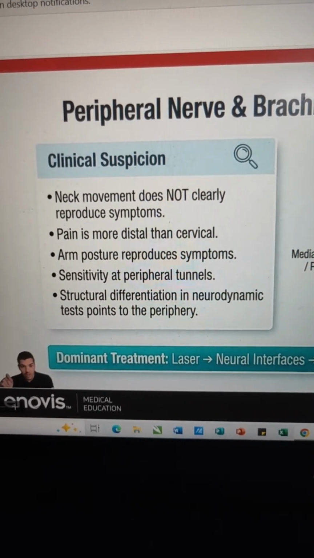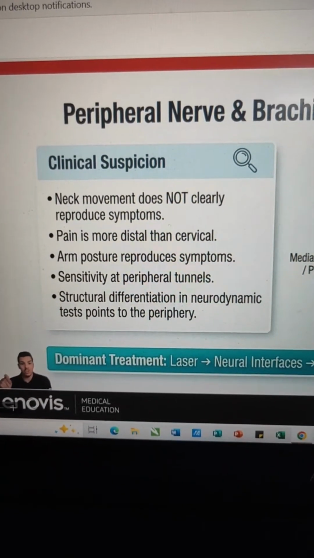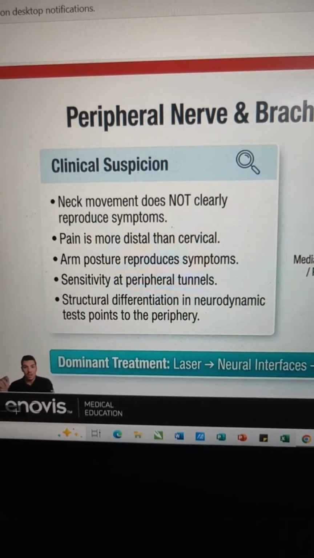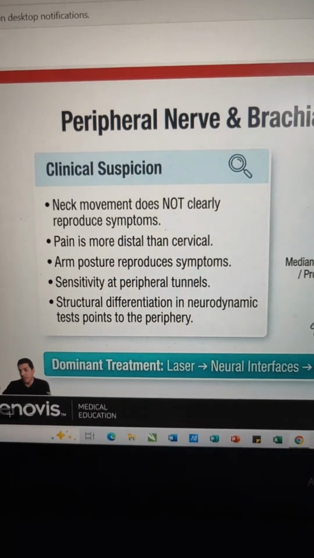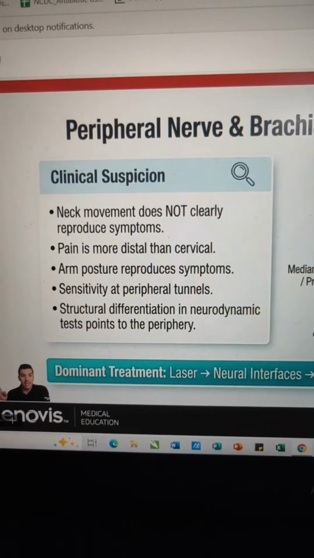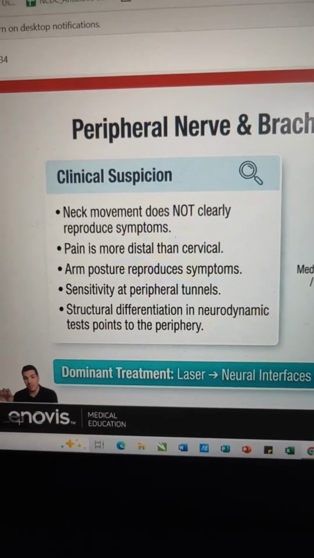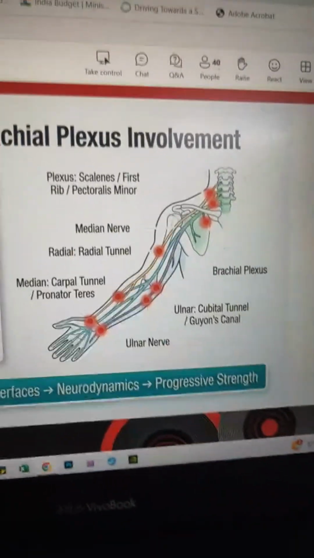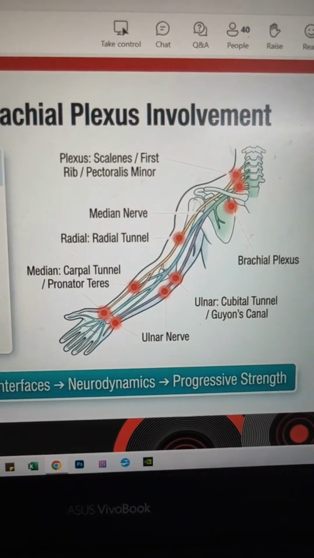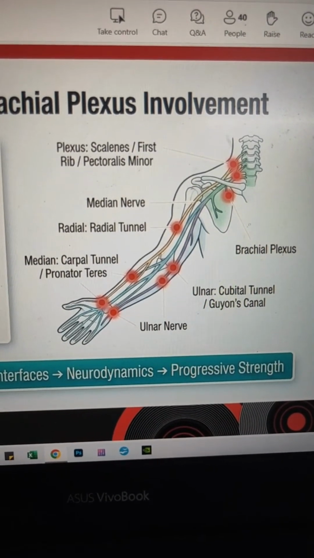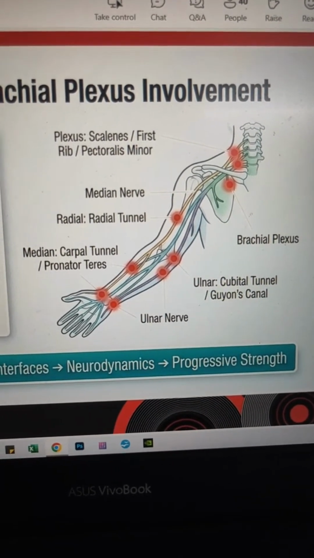It can also guide us if certain arm positions increase the symptoms more clearly than cervical movements do. This already points us towards a more peripheral level. During the examination, what we will look for here is precisely sensitivity in the specific interfaces, such as the carpal tunnel, the pronator region for the median nerve, the radial tunnel for the radial nerve, obviously, and the cubital tunnel or Guyon's canal for the ulnar nerve.